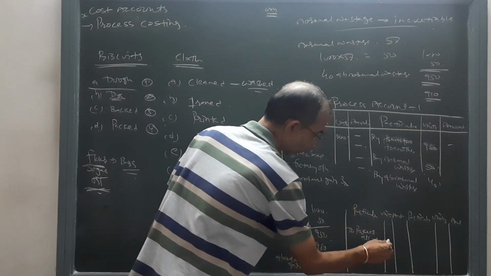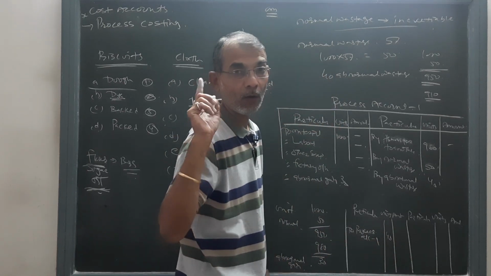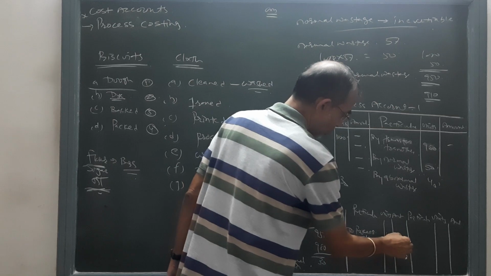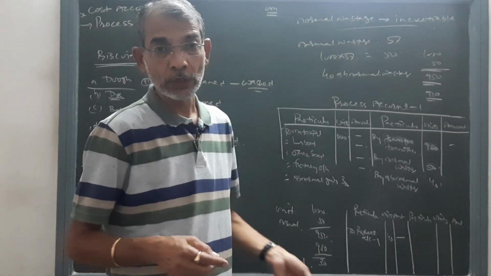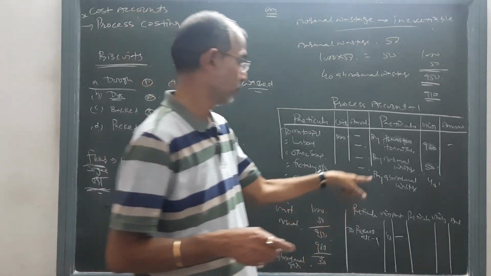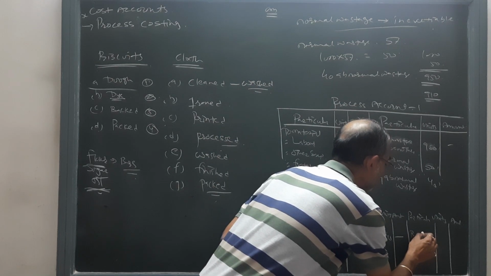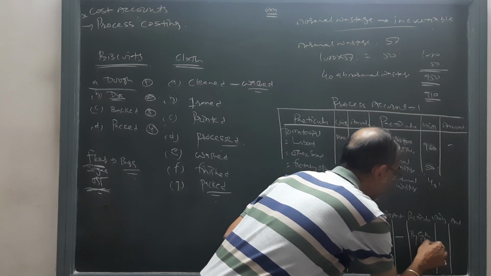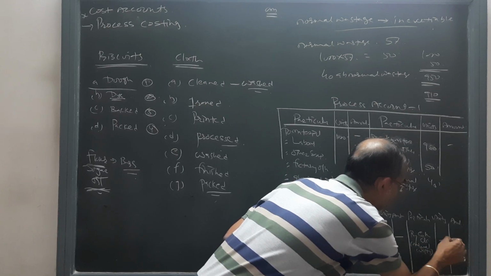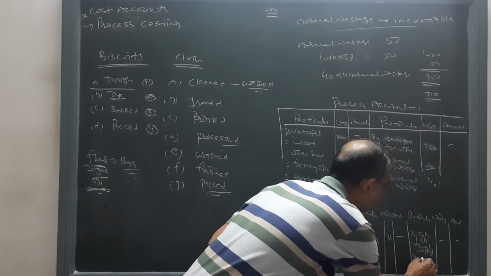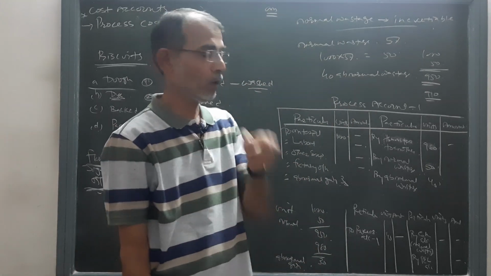How many units were abnormal wastage? 40. That will be calculated on the cost of normal manufacturing. Now these units will be sold at a normal wastage price. So by cash account at normal wastage price, and the remaining amount will be transferred to profit and loss account, and that is abnormal loss.